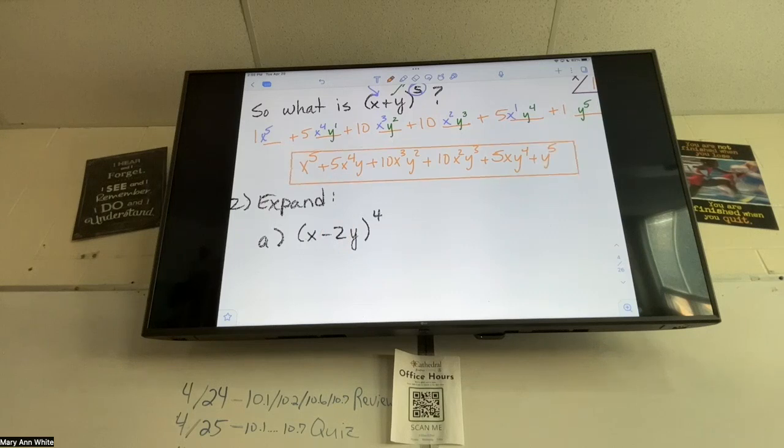That is my expanded out version of that. Now you can absolutely find this by multiplying x plus y 5 different times. I just think that's a lot more work than what we just did.